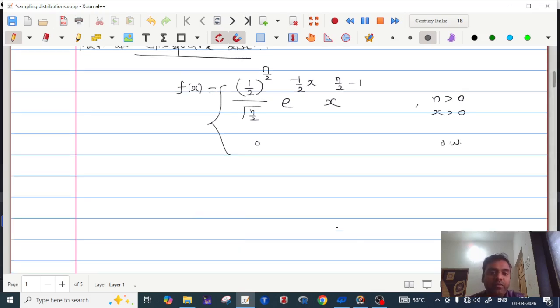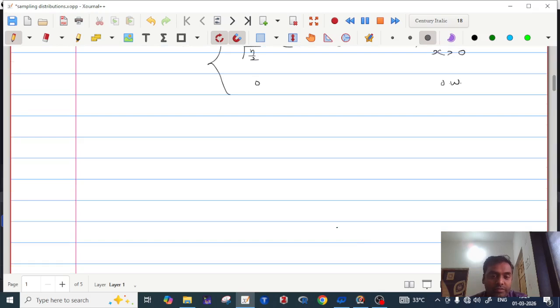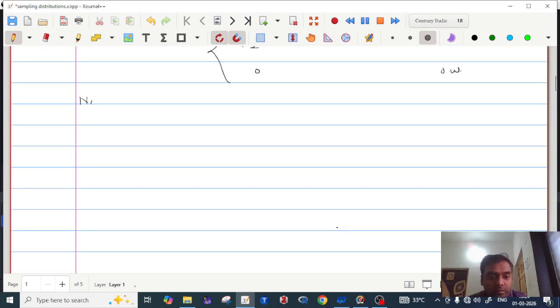So this is the PDF of chi-square distribution. Its notation is x follows chi-square with n degrees of freedom. This n is the parameter actually.